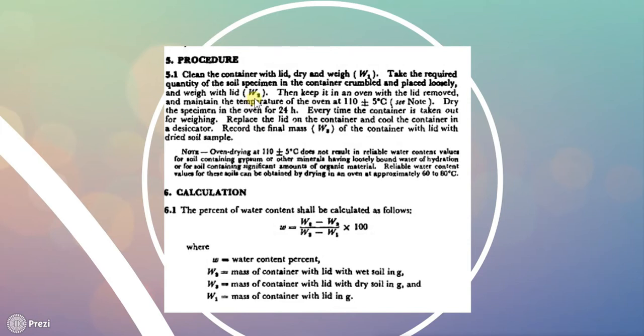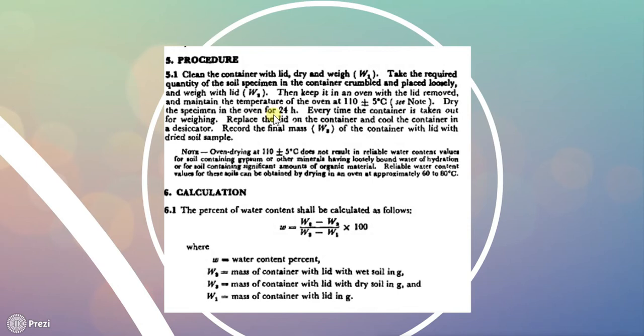It is W2. So the wet soil, which is crumbled and placed loosely, with the container, will be called W2. Then keep it in an oven with the lid removed and maintain the temperature of the oven at 110 plus or minus 5 degrees Celsius.